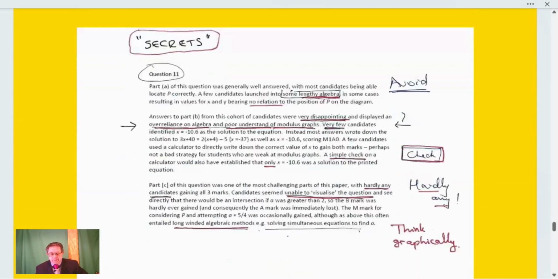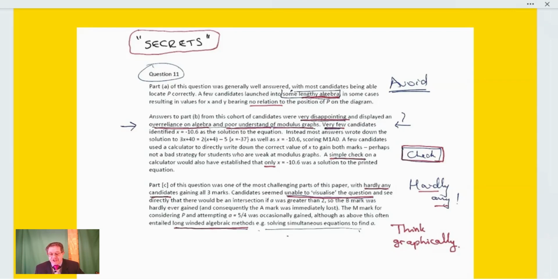Now, this question, I've got the examiner's report on this question just to show you why this is such an important question for those of you who are learning the secrets in Sweet Spot Maths. First of all, part A of the question was generally well answered, with most candidates being able to locate P correctly.